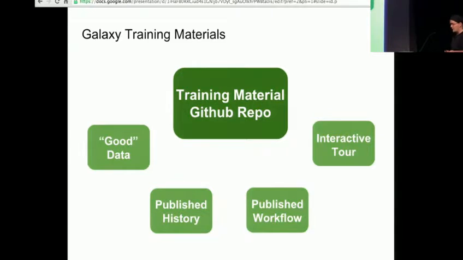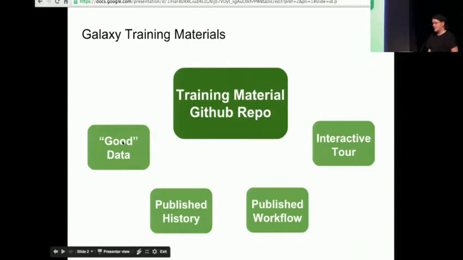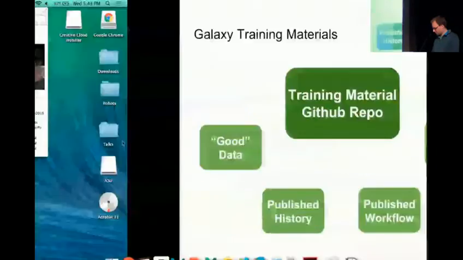So what we have established, or will have established, is that we have built something as a training material GitHub repo with good, well annotated data, with published histories, published workflows, and an interactive tour to make access to it easier.